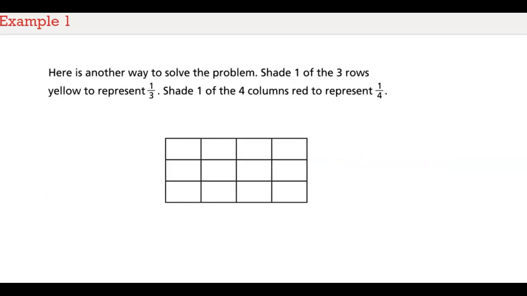Here is another way to solve the problem. Shade one of the 3 rows yellow to represent 1/3. Shade one of the 4 columns red to represent 1/4.